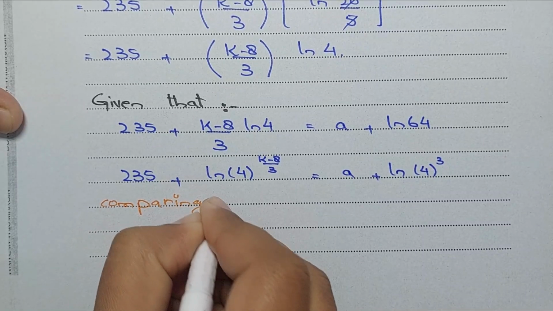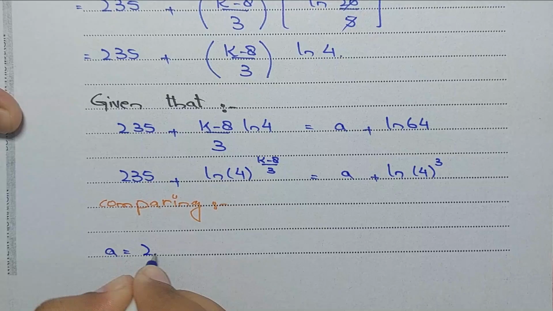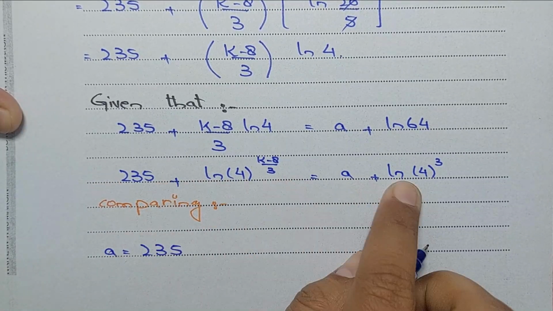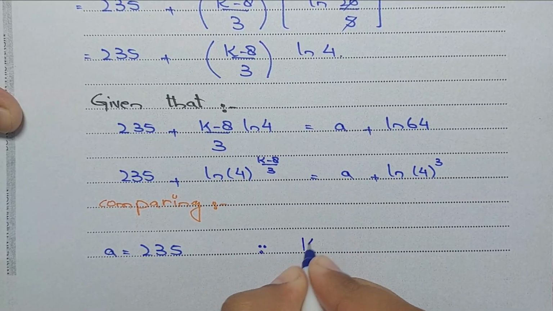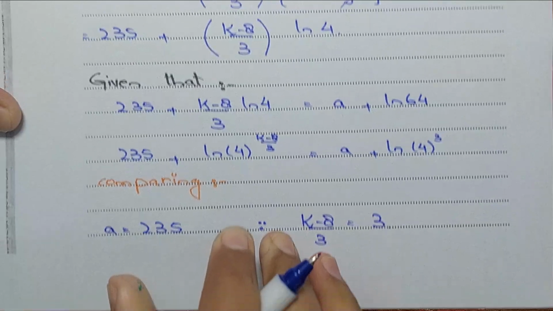When we compare, you will get a is equal to 235. Compare the powers as well: k minus 8 over 3 is equal to 3, right?